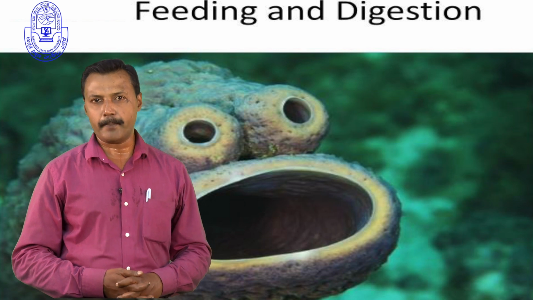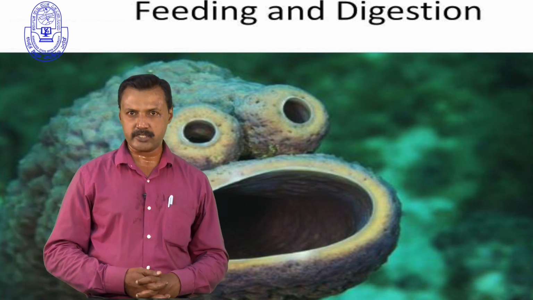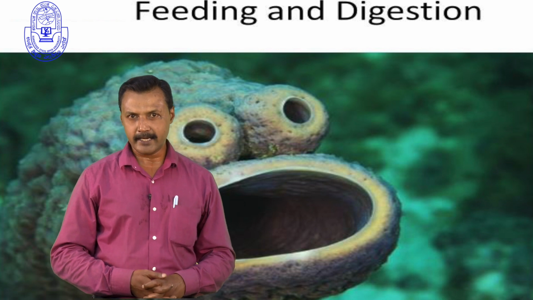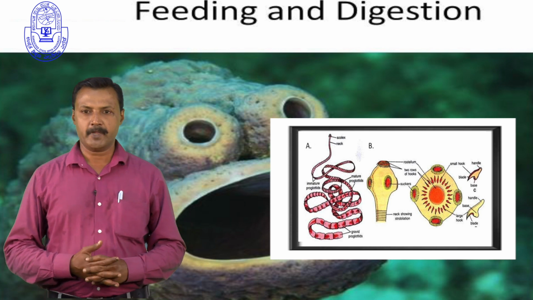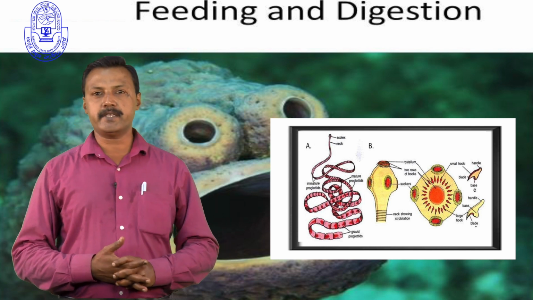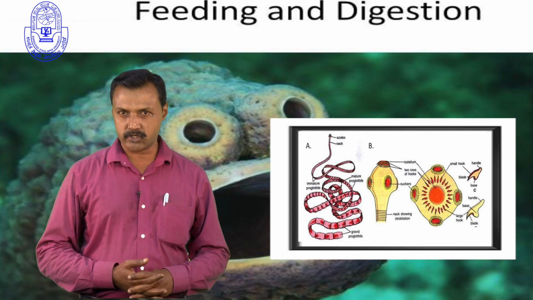So, this is all about the purely parasitic adaptations of Fasciola hepatica, that is the liver fluke. Feeding and digestion in case of Taenia solium. Taenia solium is one of the very good examples for class Cestoda.